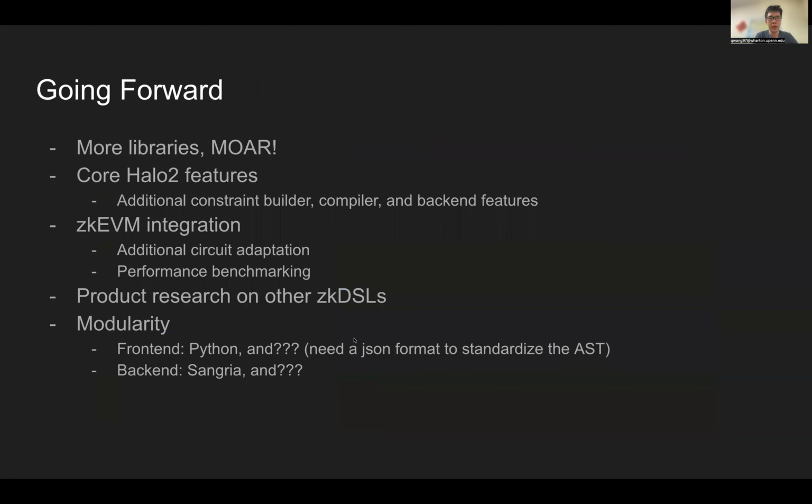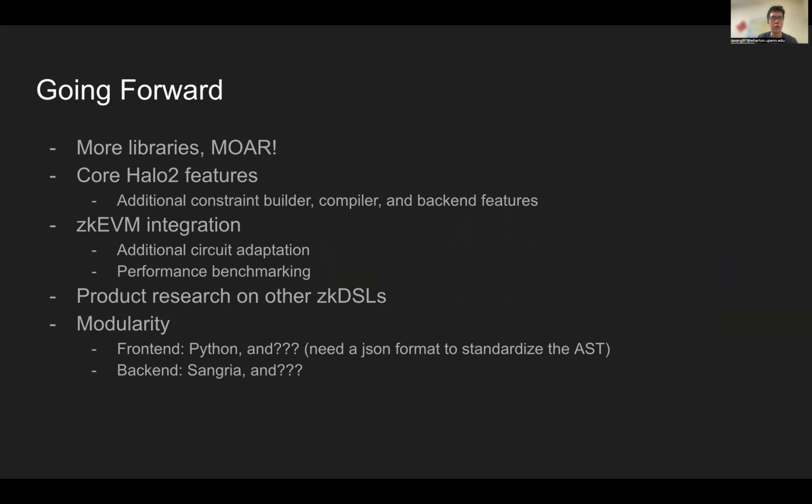Okay, so going forward, there are a couple of things we're going to be working on. One is adding additional libraries, including additional gadgets, for example, the range checking and the less than arguments, which are used extensively in ZKVM. We're also going to work on some core Halo 2 features, for example, getting additional syntactic sugar for constraint builders, compilers, and also backend.